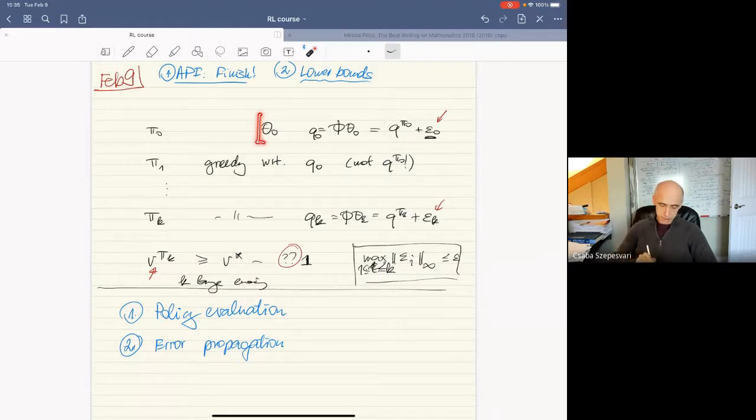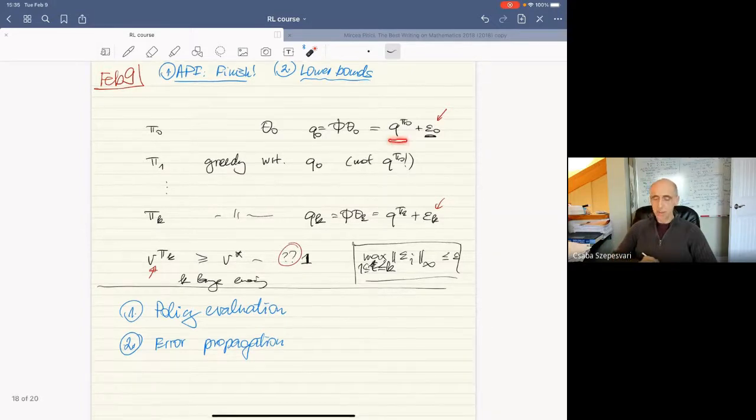So we're going to just calculate parameters such that the function that is obtained by linearly combining features with those parameters is close to the true action value function of that policy pi 0 that we started with. And of course, we're going to use a simulator to come up with these parameters theta naught. So theta naught in general is random. It's based on the simulation outcomes.